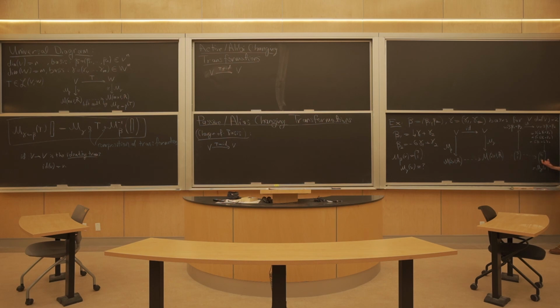It's the same vector, the vector v, this particular vector. I was given a certain matrix representation with respect to a certain basis, and I changed the basis and obtained a new matrix for my vector.